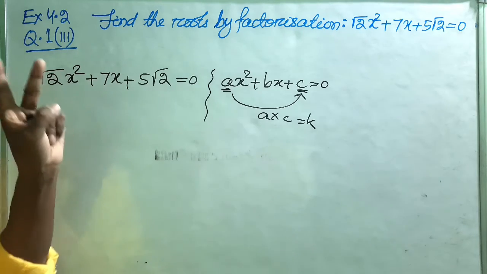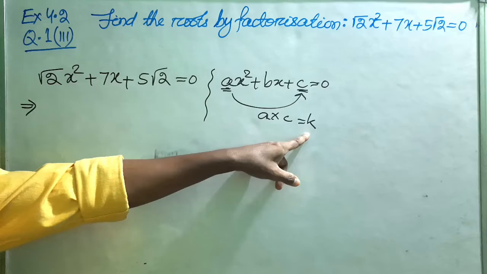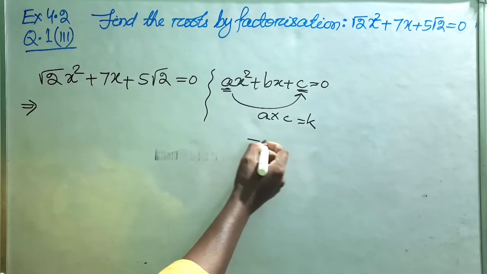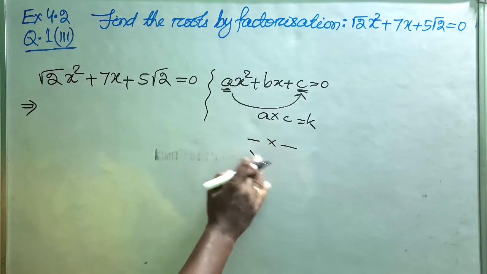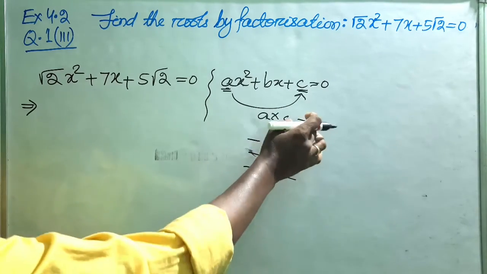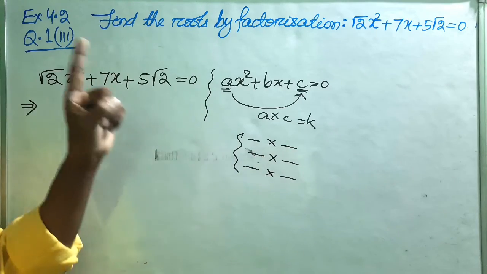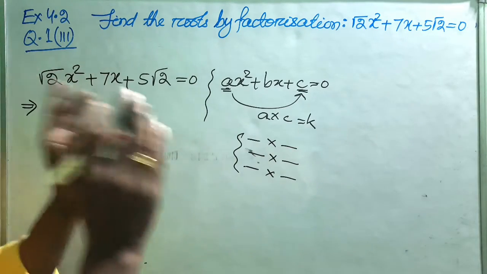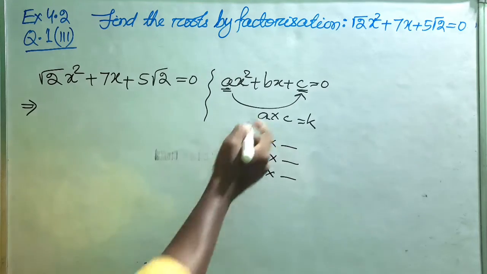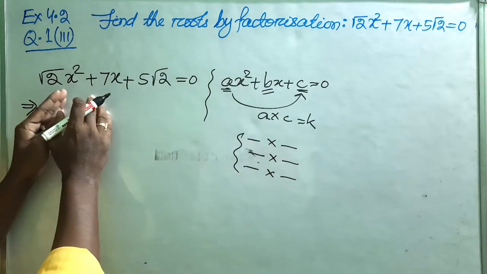Now we have to think all the possible pairs of numbers whose product will give k. You find out all the possible pairs of numbers whose product will give k. Now out of these possible pairs you select the one which on addition will give plus b. So this is the concept you have to use here.